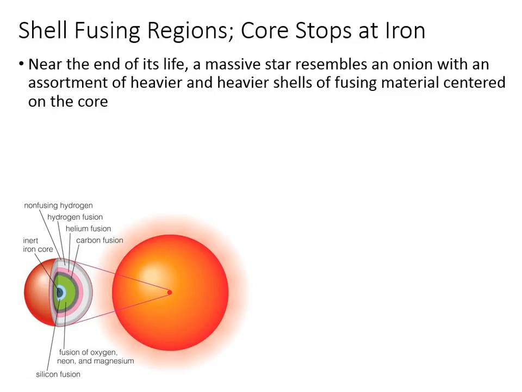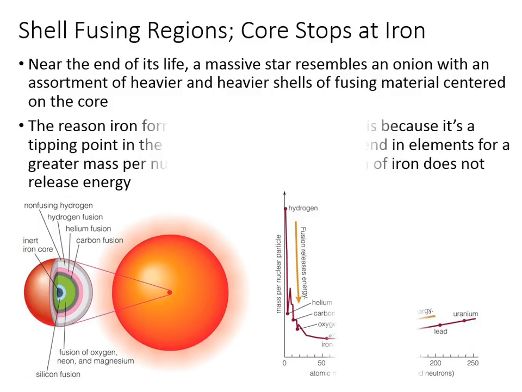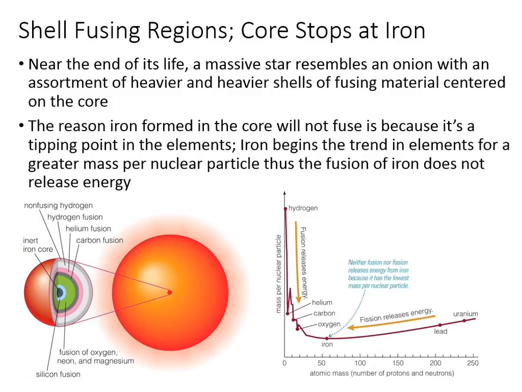This is right before it goes boom, because they're showing a core that is iron. So there's iron in that little center. Notice it's in a giant stage. That's what they're trying to show you here.